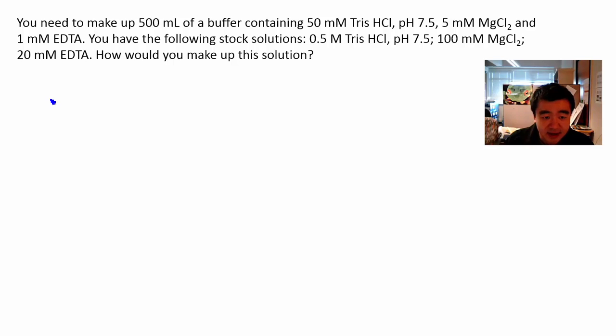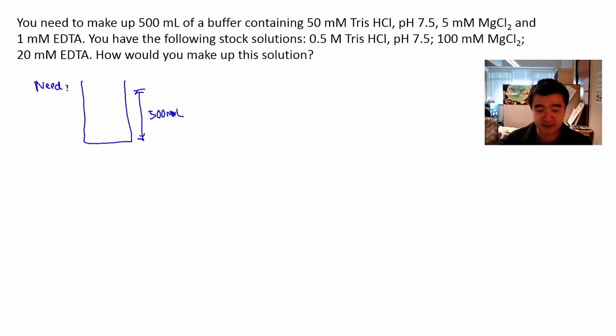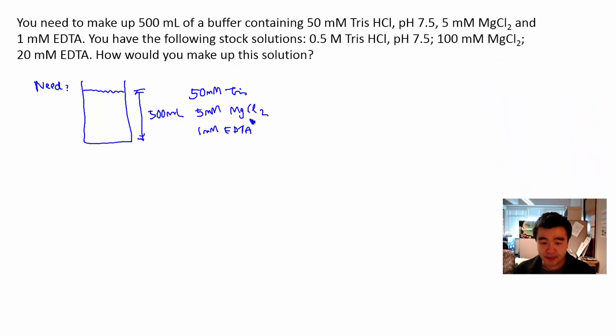What this is saying is that we need, in the end, a buffer, and this buffer volume will be 500 mL, and in this 500 mL there will be 50 millimolar Tris, 5 millimolar magnesium chloride, and 1 millimolar EDTA.